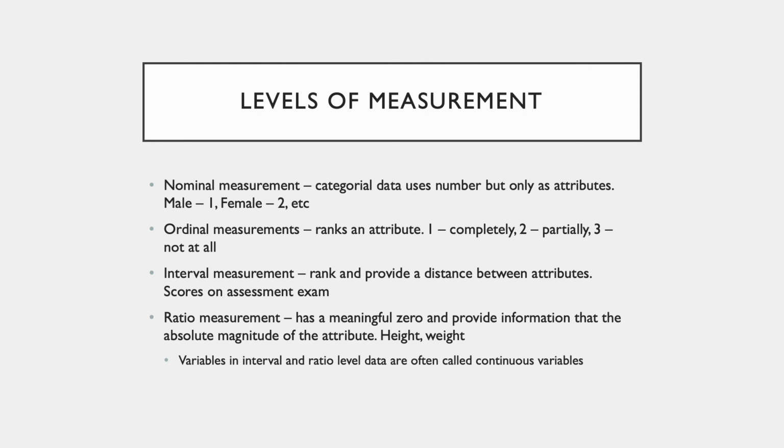Interval measurement is about rank, and it provides a distance between attributes. Scores on an assessment exam would be an example. Ratio measurement is something that has an absolute meaningful 0 and provides information about the absolute magnitude of the attribute, such as height and weight. Variables in interval and ratio data are often called continuous variables.